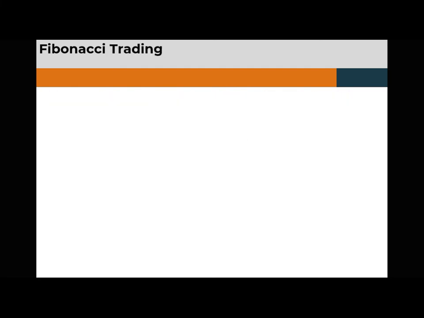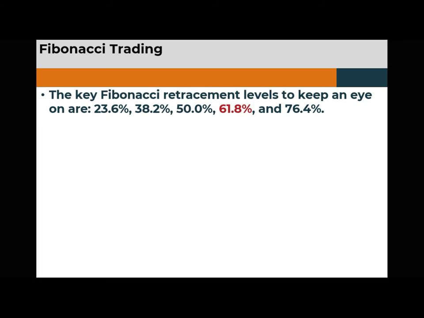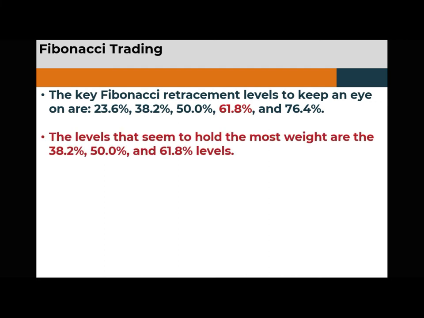Now let's look at Fibonacci trading. The key Fibonacci retracement levels to keep an eye on are typically 23.6, 38.2, 50%, 61.8, which is what we've highlighted, and 76.4. The levels that seem to hold the most weight are the 38.2, 50% and 61.8% levels.